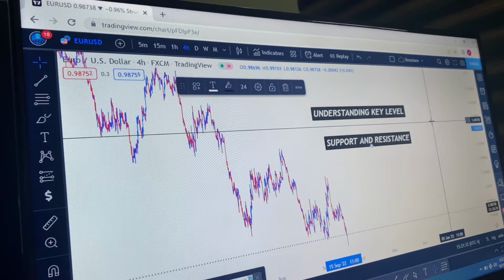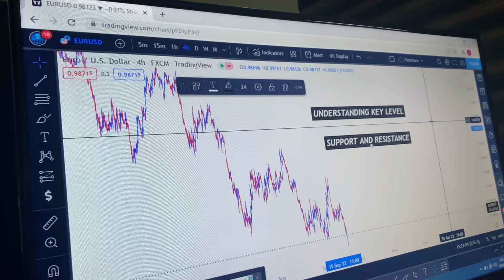If somebody throws a ball to the ceiling of my house, the ceiling is actually going to serve as resistance for me, because it's going to bounce it back. It's the same thing that happens in the market. We have support and we have resistance. And it's still the same thing that goes with market structure.